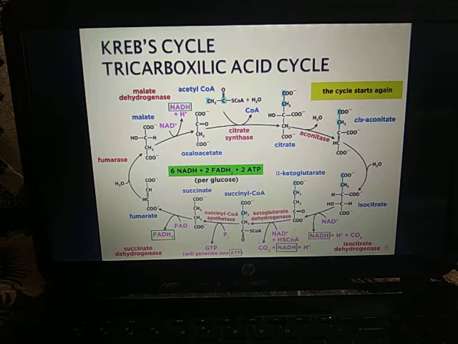So pyruvate plus NAD plus coenzyme A in presence of pyruvate dehydrogenase and magnesium ion gives acetyl coenzyme A, NADH plus hydrogen ion plus carbon dioxide. Now acetyl coenzyme A functions as substrate entrant for the Krebs cycle.